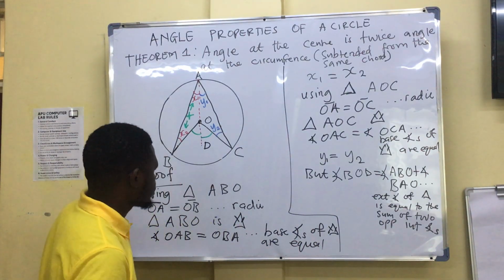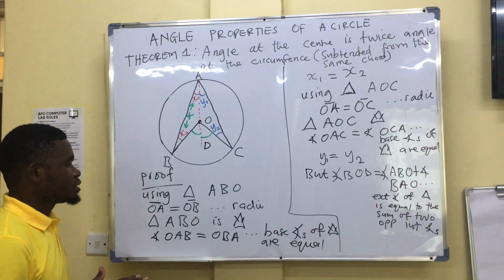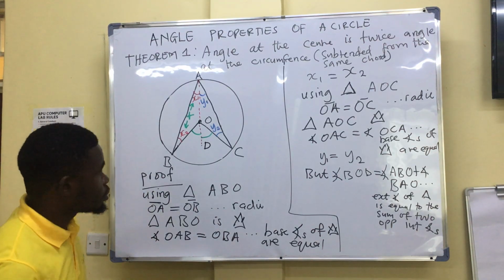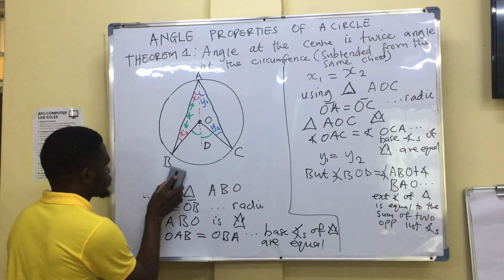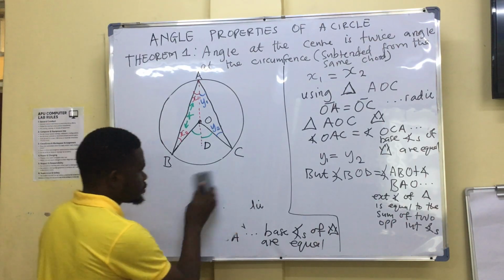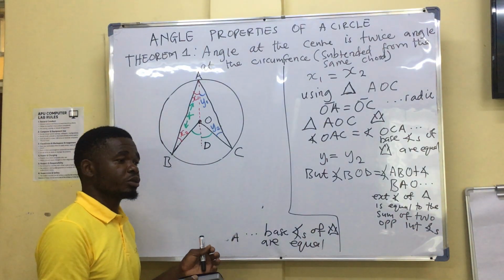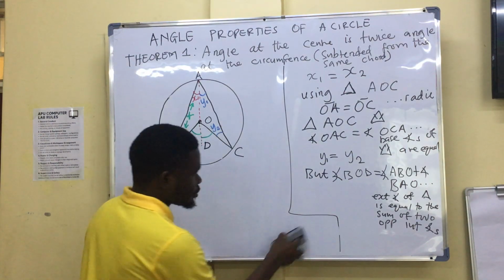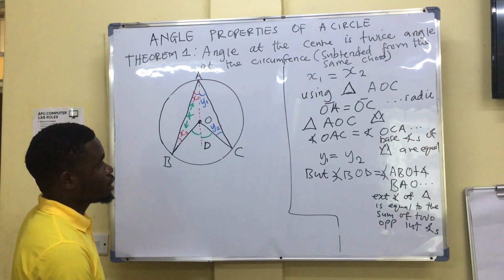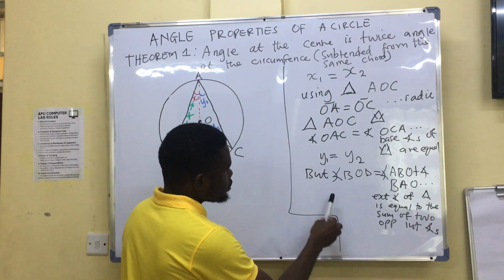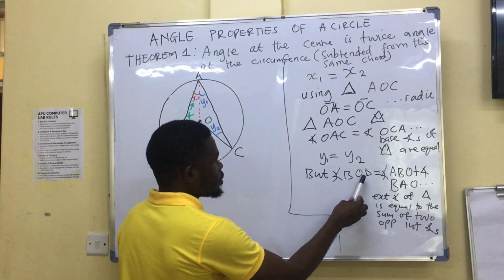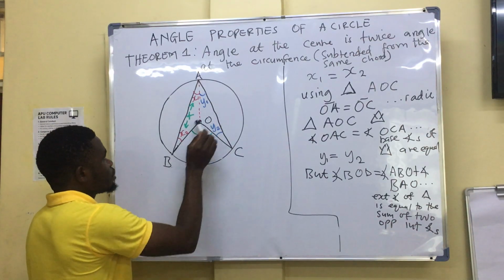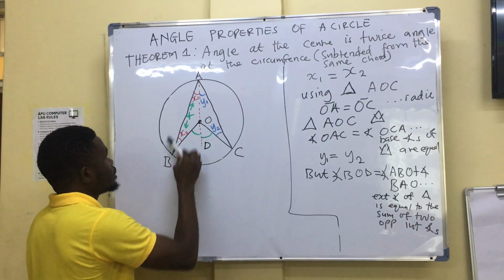Meaning that, wait, I think here we should write it off here. But remember to jot them down so that we can use them later. So, angle BOD is equal to angle ABO plus angle BAO.